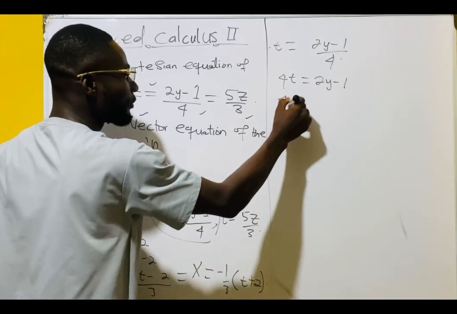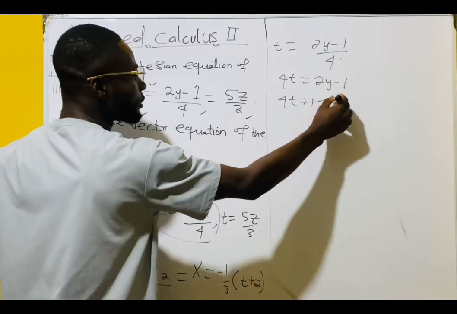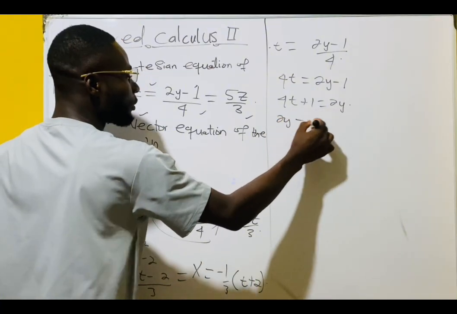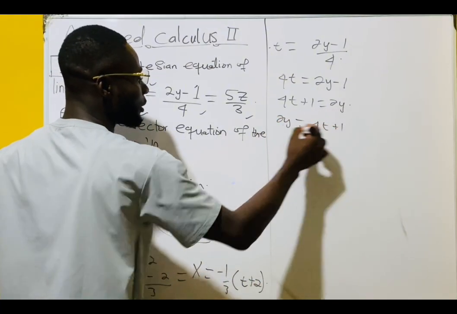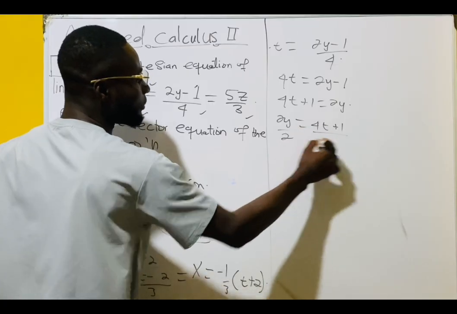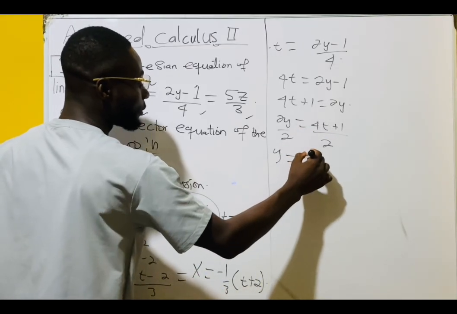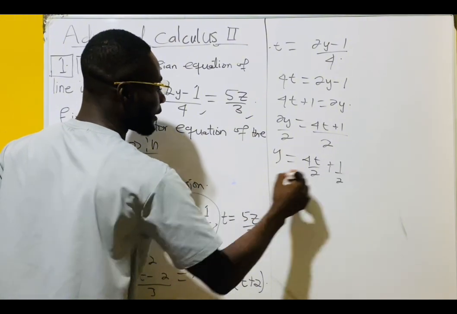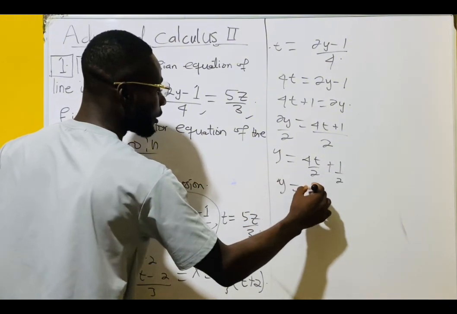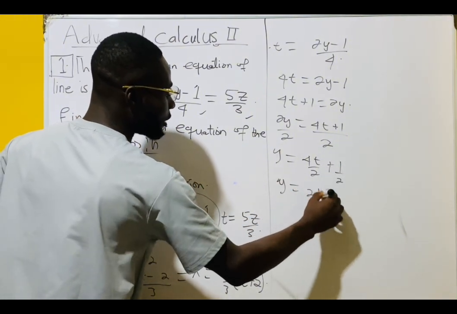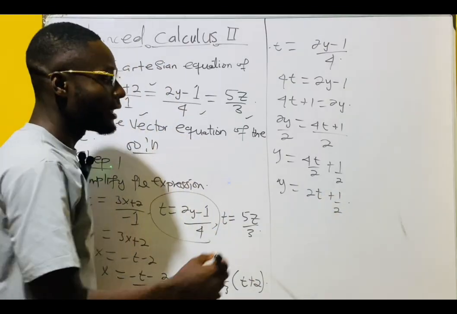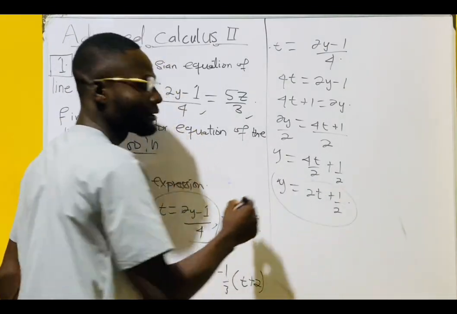So we say that 4t plus 1 should be equal to 2y. Divide here by 2, here by 2. So we have y equals 4t over 2 plus half, right? So we have y equals 2t plus half, right? So this is the y component, okay?